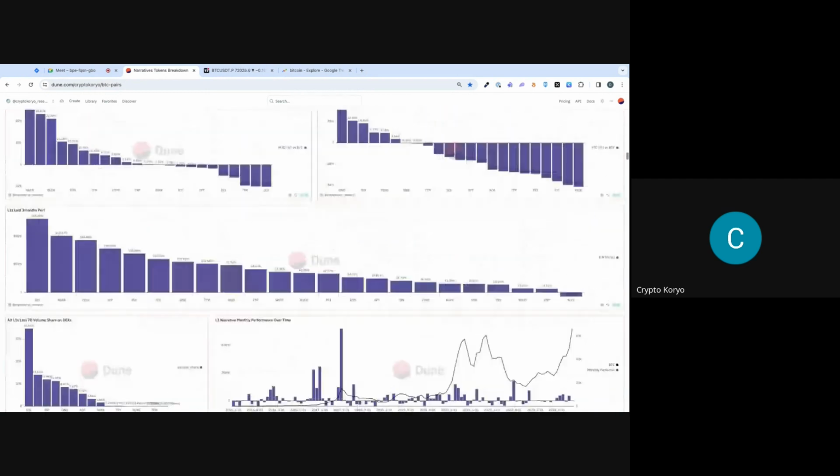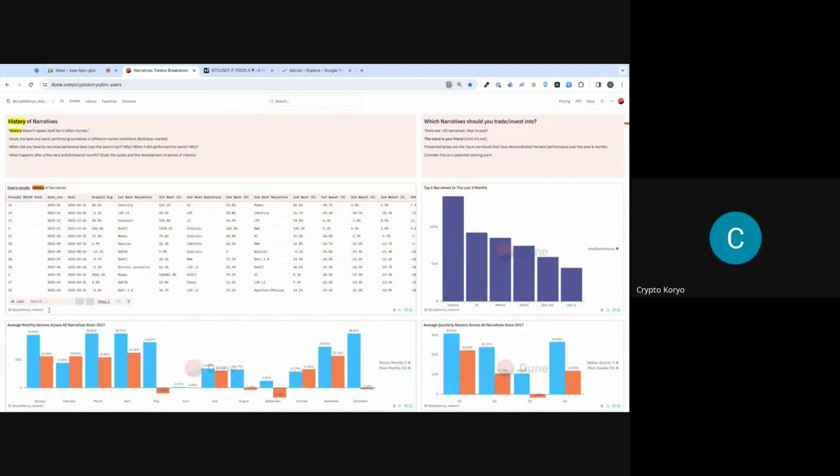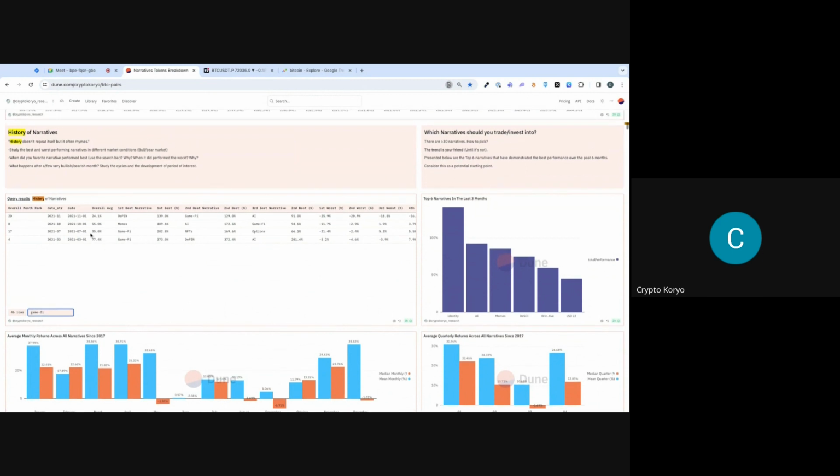And finally, if we go to the history of narratives, as I always like to go there and see what happened in the past, we mentioned GameFi. So if you put GameFi here, the last time GameFi was among the best narratives was the peak of the bull market, November 2021. You remember Axie and Sandbox and all these games that were really going up strongly in the peak of the bull market.